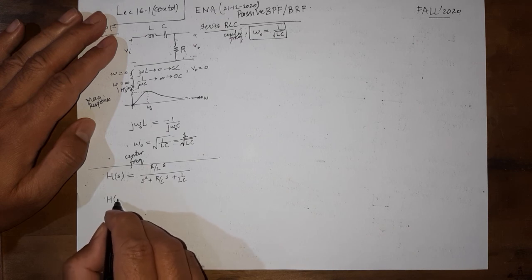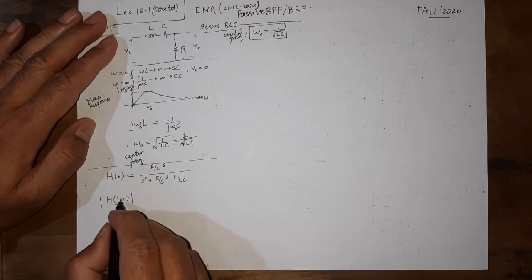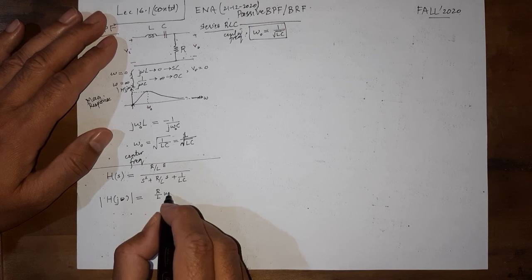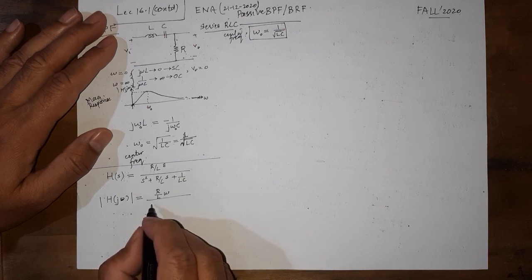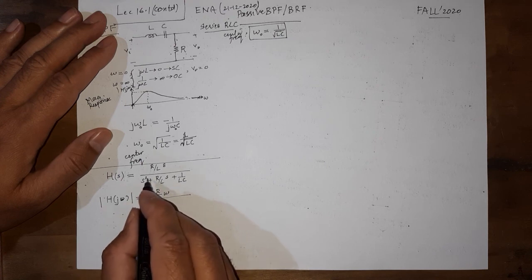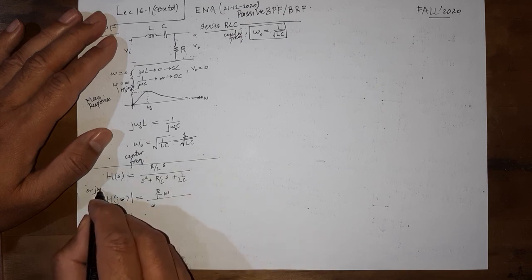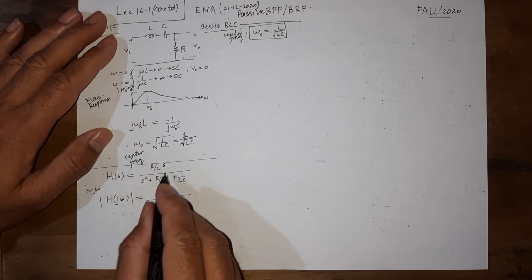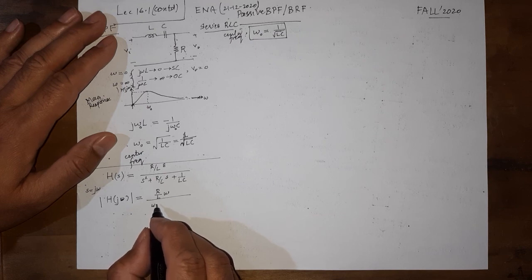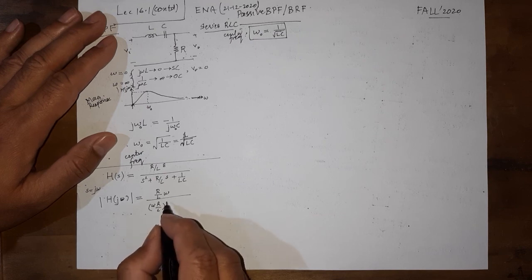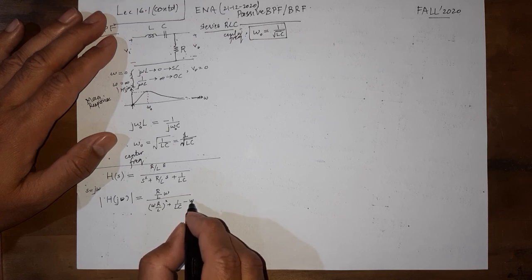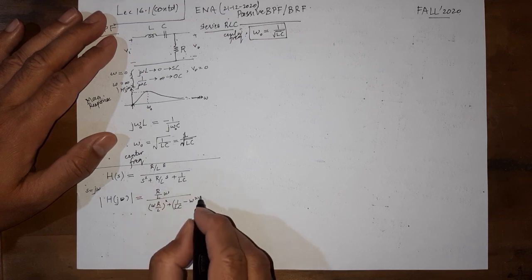And when you convert this to H of j omega and then find the magnitude, if we convert this by putting s equal to j omega, then we get H of j omega from here, and when we take the magnitude, we are going to get omega R by L over the square root of omega R by L square plus 1 over LC minus omega square, whole square.